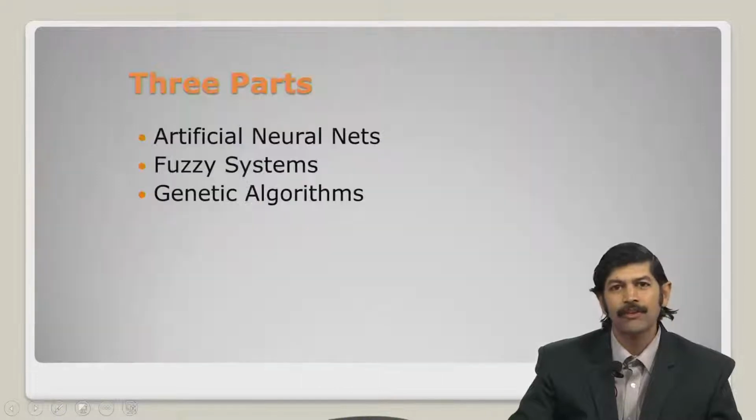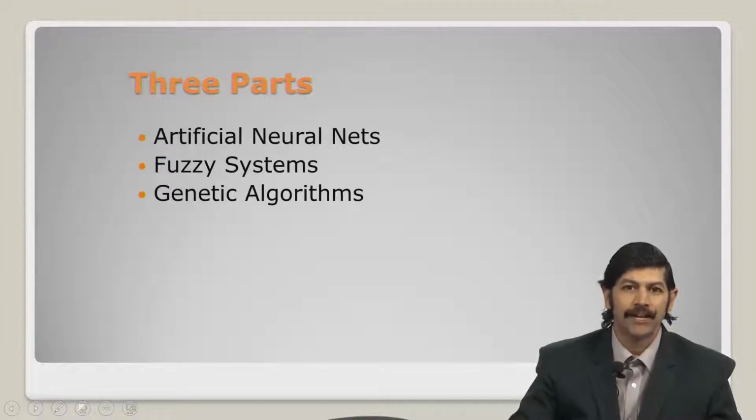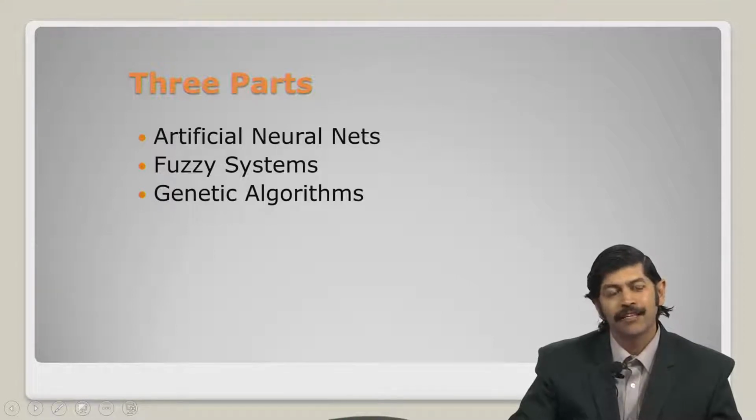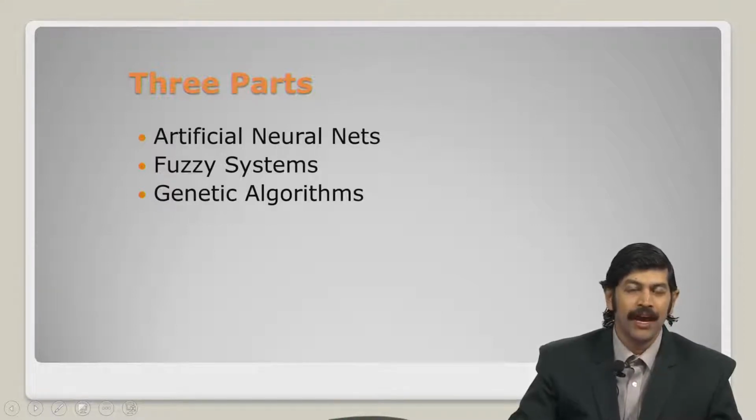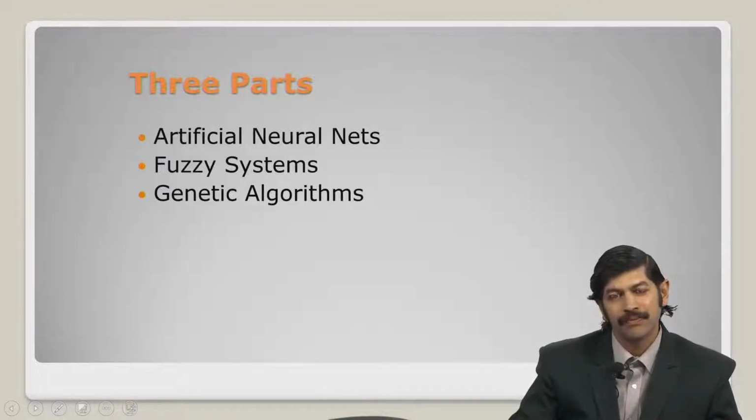And as far as the scope is concerned, predominantly we'll be talking about three different very interesting parts of machine learning. The first part deals with artificial neural networks. The second part deals with fuzzy logic, fuzzy inferencing, and the fuzzy systems. And the last and the third part deals with genetic algorithms.